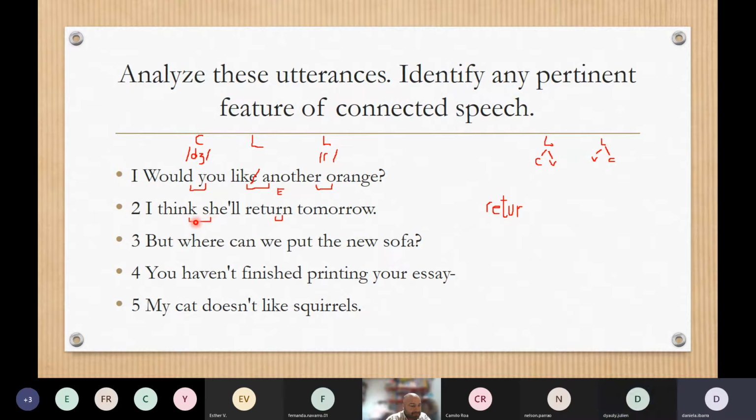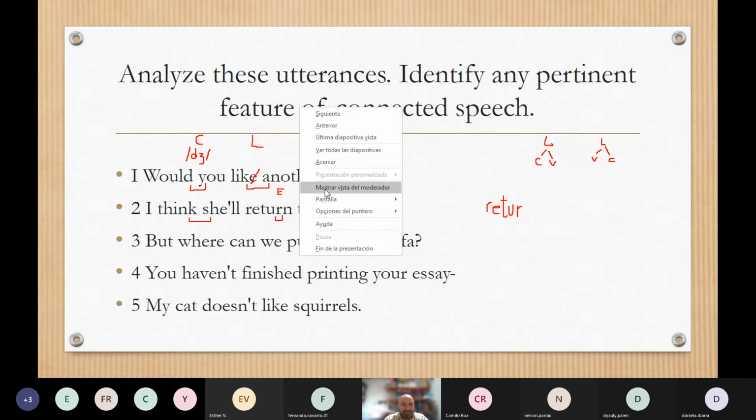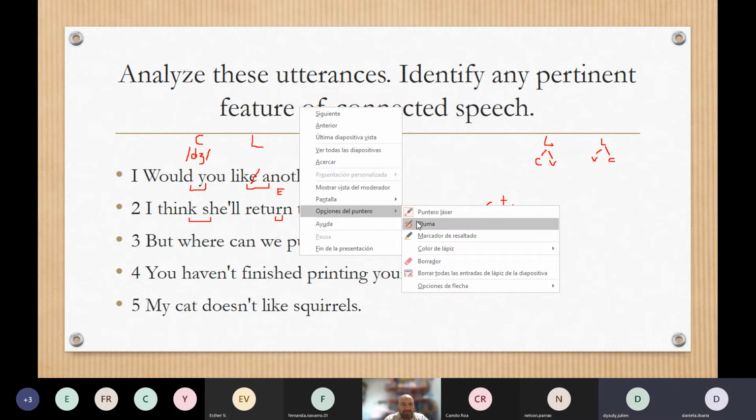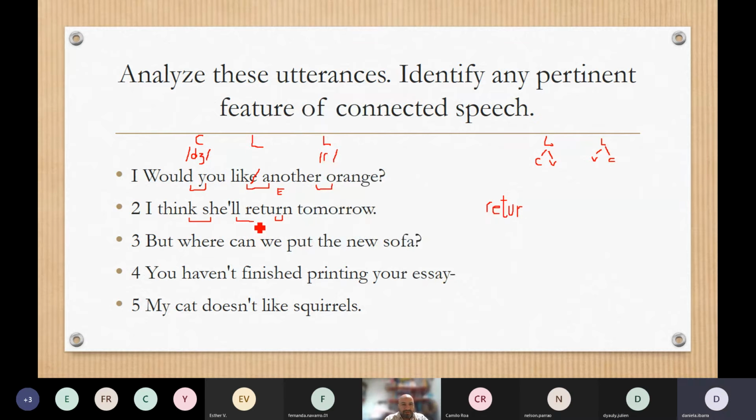I don't think so. Okay. Anything here in the other one? And she'll return. Now, going back to the first one, I think she'll return tomorrow.